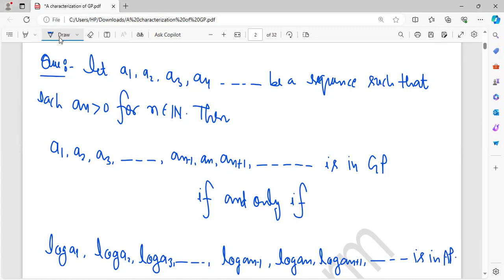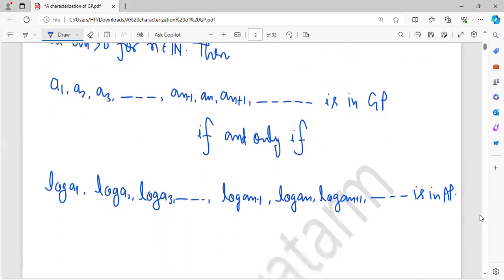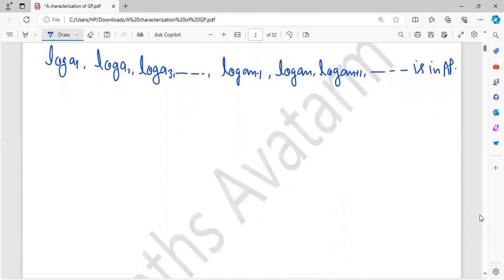This is in GP. If we are taking log, this becomes in AP. So we'll prove it. Let's do this question.